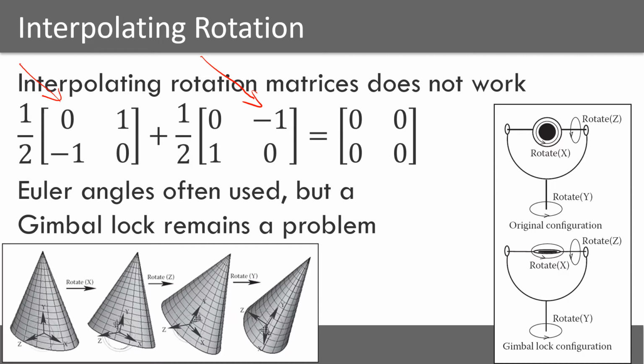Now, look what happens if we just perform a linear interpolation with the factor 0.5 between these two matrices. We end up with a zero matrix, which is surely not a rotation matrix. So this shows us that we have to be careful when we want to interpolate rotations.